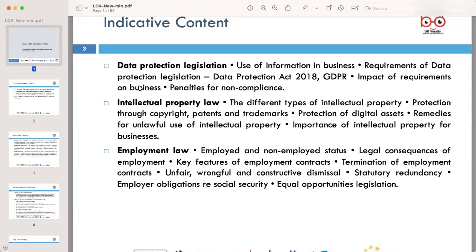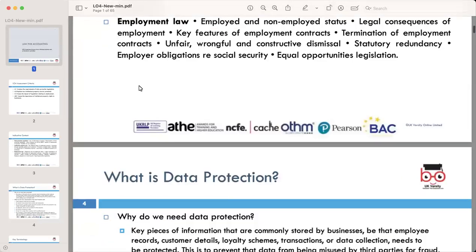Then employment law encompasses employed and non-employed status, legal consequences of employment, key features of employment contracts, terminations of contracts, unfair dismissal, statutory redundancy, employee obligations regarding social security, and equal opportunities legislations.